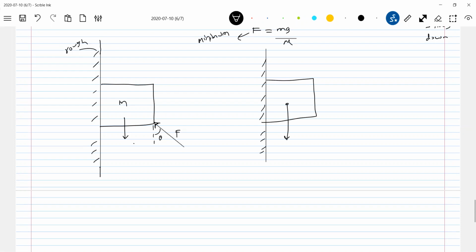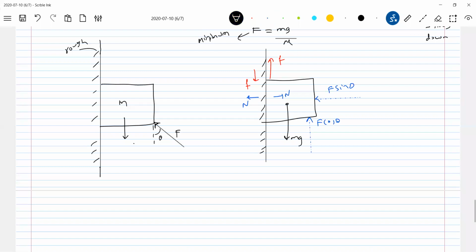The weight mg will act. The component of the applied force. So here the friction and the friction on the wall. The normal contact, this will be N, this will be N, this will be how much? F sine theta, and this will be F cos theta.